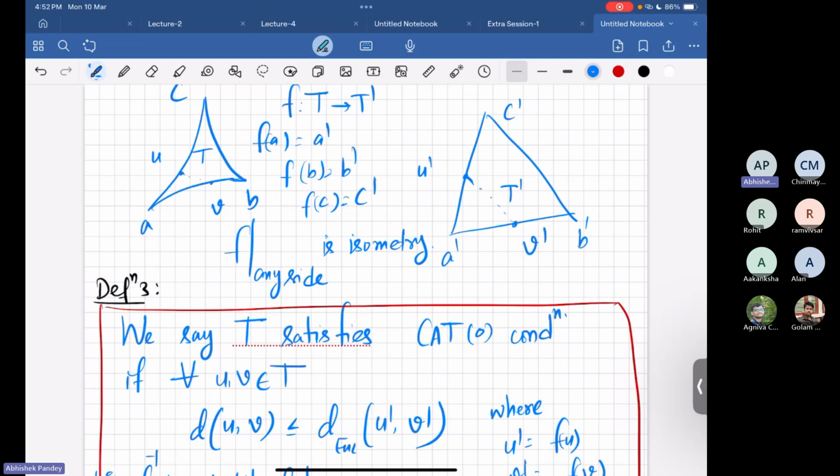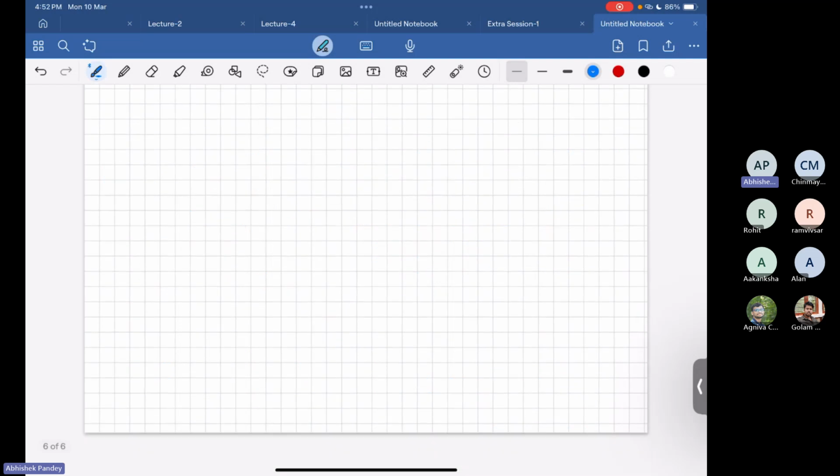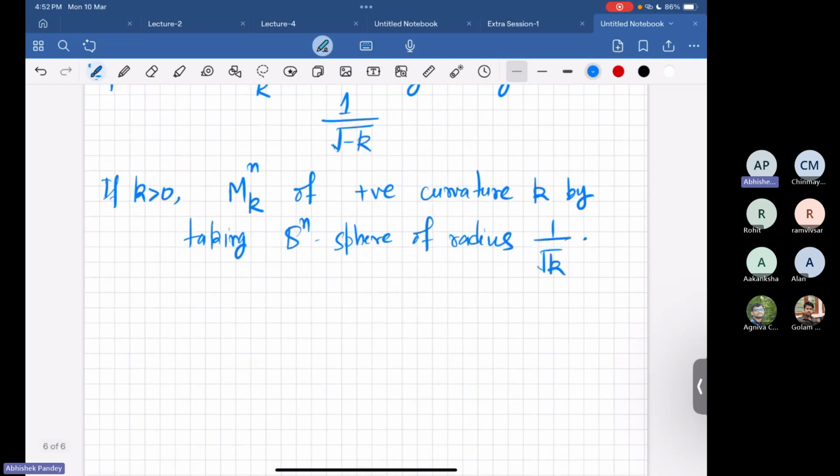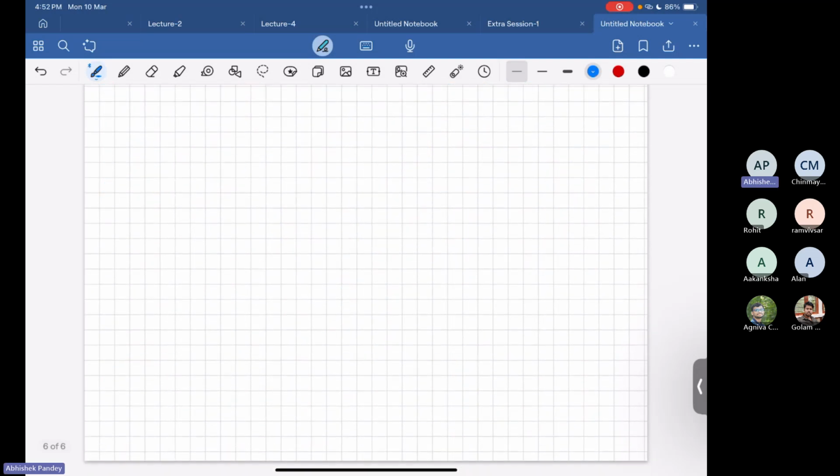Once k is less than 0, we take the comparison triangle in the upper half space, the negatively curved space with respect to the hyperbolic metric.